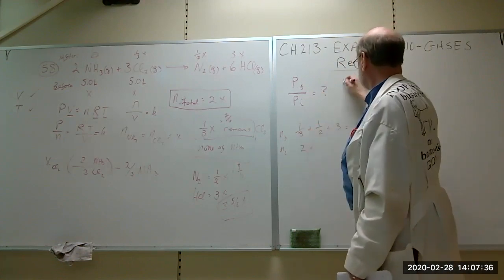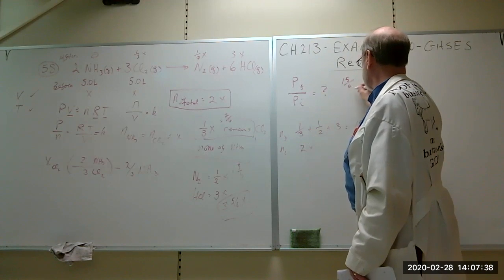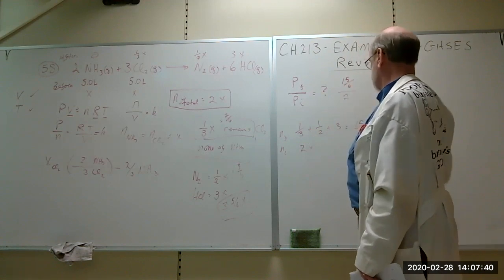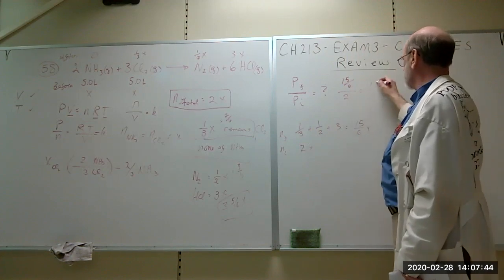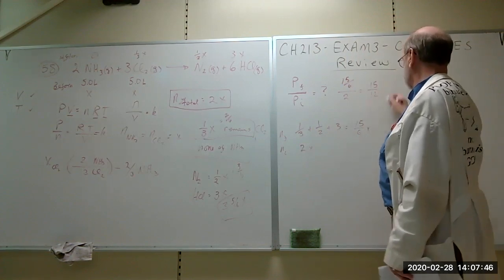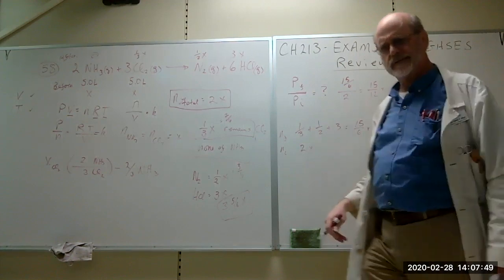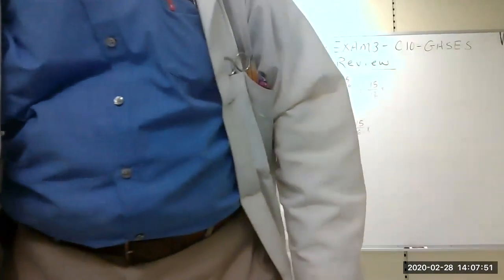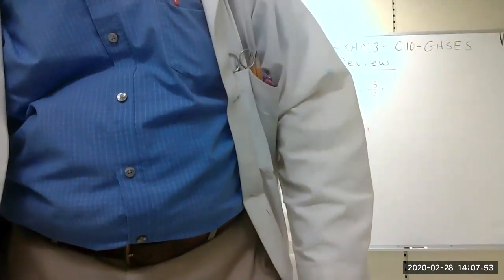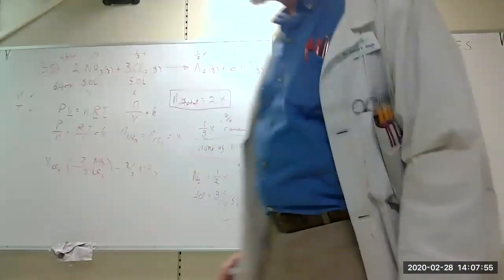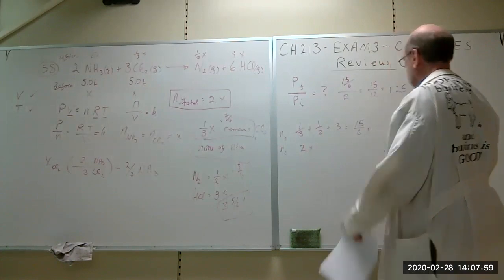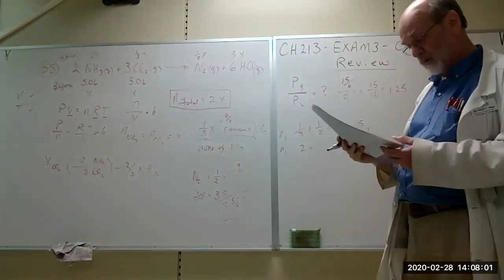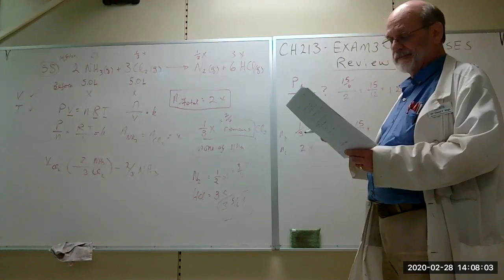So if we put 15/6 over 2, what do we get? Well, 2 comes down here, so it's 15/12. What is that? 1.25 ratio, and I'm saying it's 1.34.